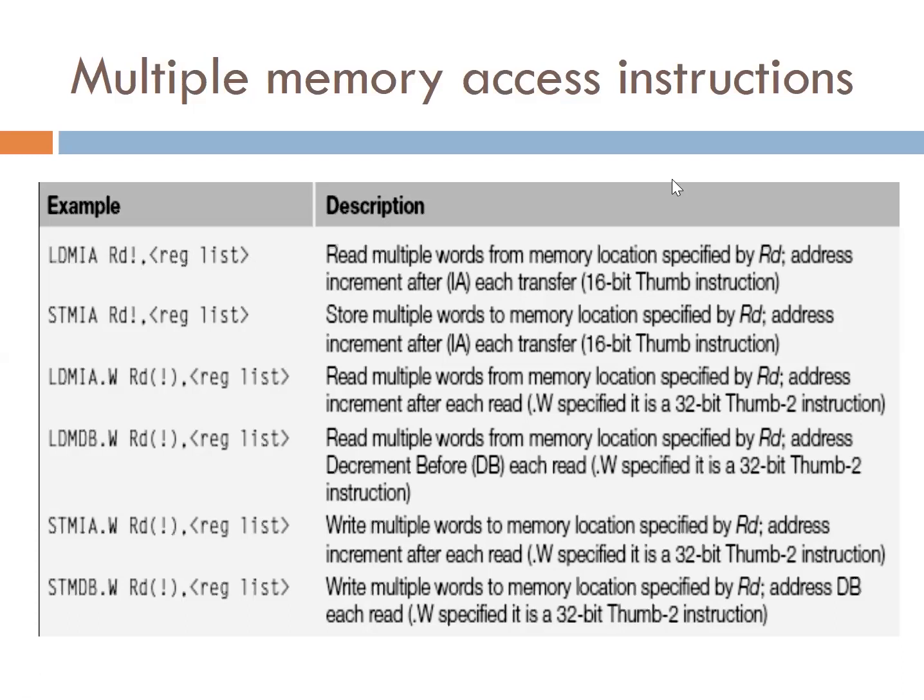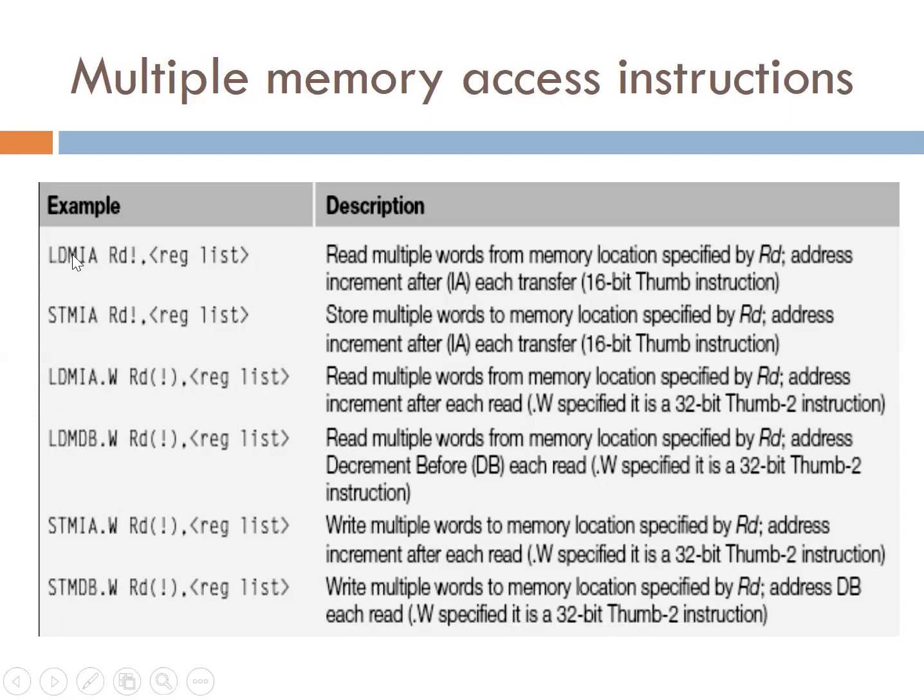Next, you have LDMIA.W Rd exclamatory mark, register list. Please compare the third instruction with the first instruction. This is the point you have to note down. What difference can you observe?